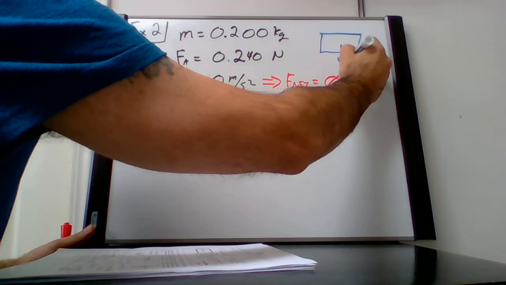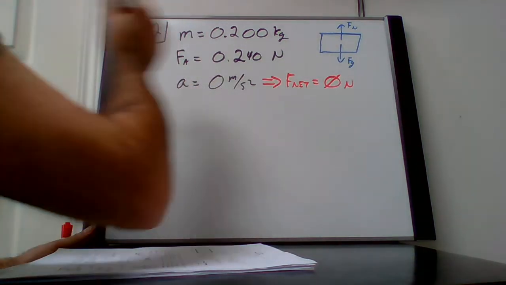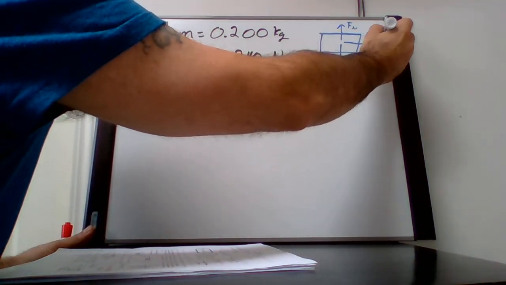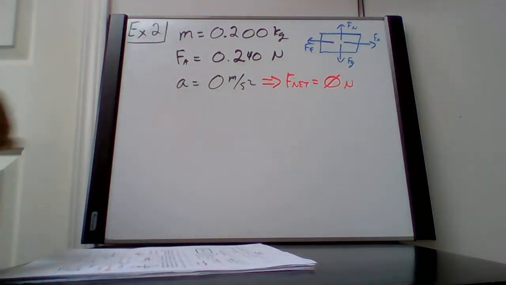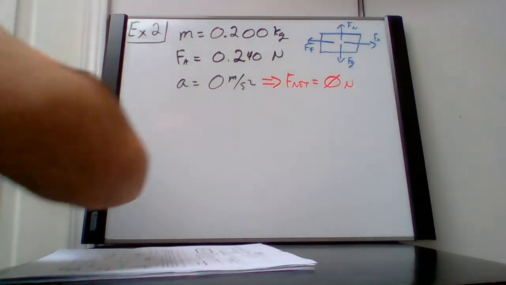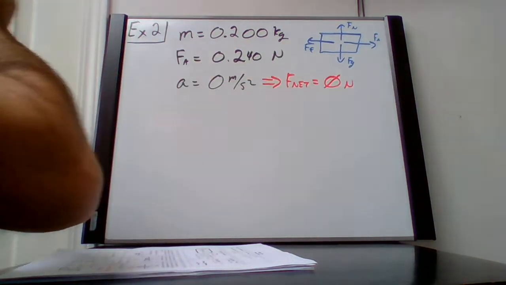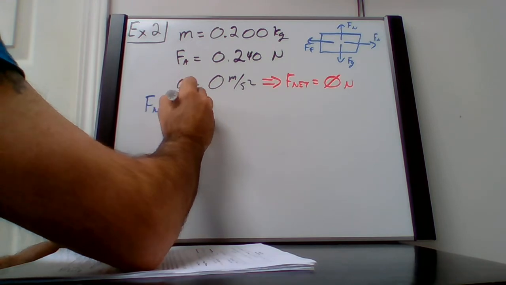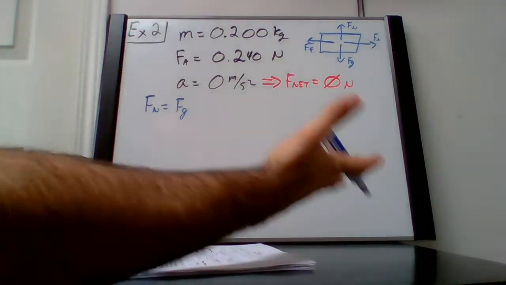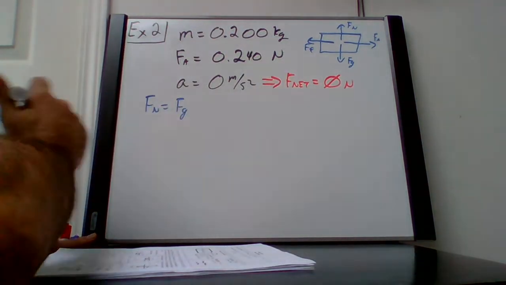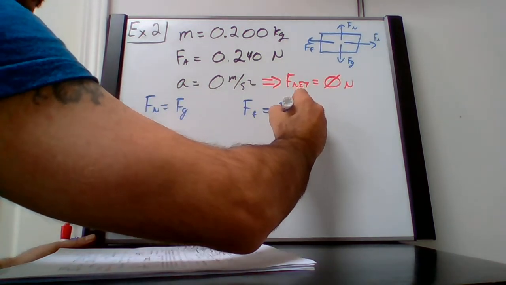We have force of gravity pulling down, our force normal pushing up, force applied, force of friction. Well, we know we're on a flat horizontal surface, so Fn equals Fg. Okay, the puck is not falling into the ice, so that means these two are equal. And then if we have F net equals 0, that means our force of friction equals our force applied.